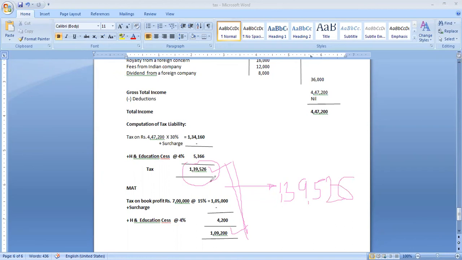Whereas tax on book profit is 1,09,200. I am repeating. Tax on total income is 1,39,526, whereas tax on book profit is 1,09,200.